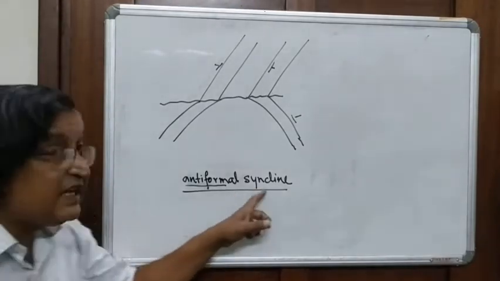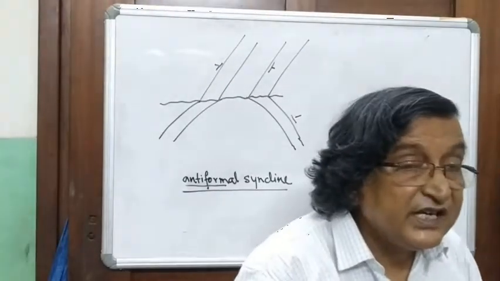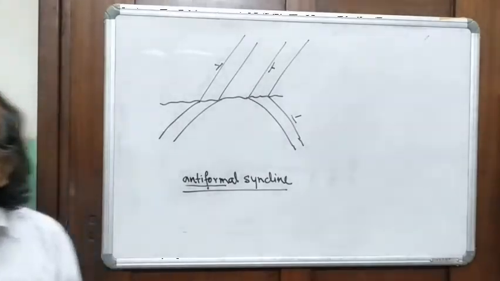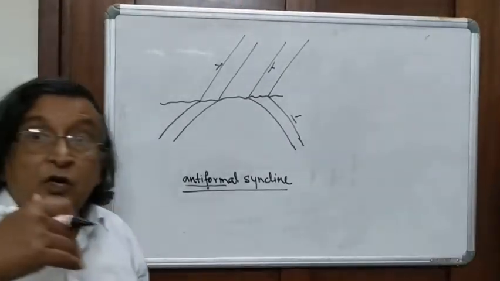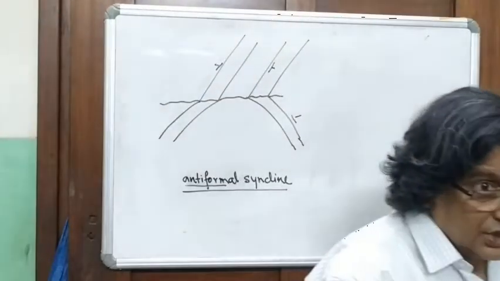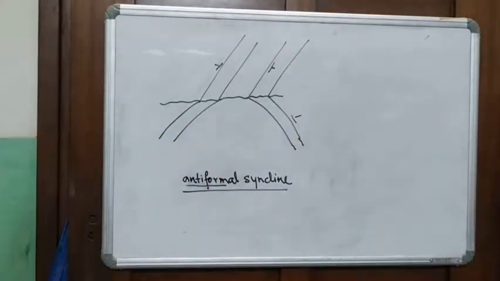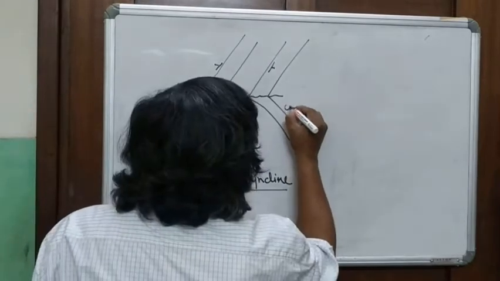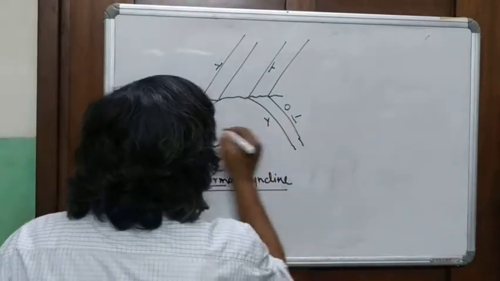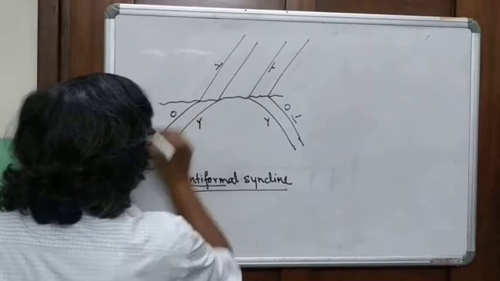But what is a syncline? How will I draw a syncline? What is the characteristic of a syncline? The older rocks in the syncline are at the flanks. So we have old, young, young, old.